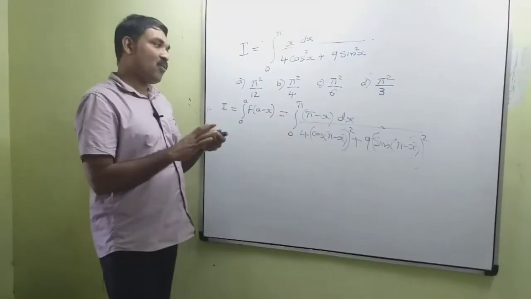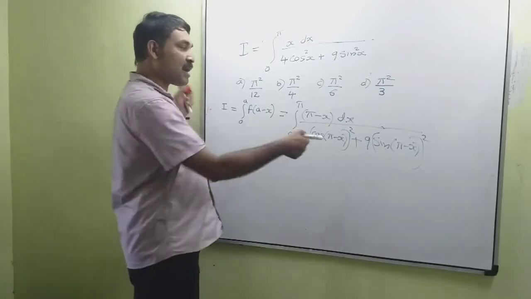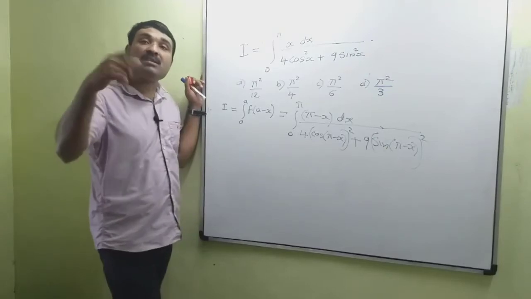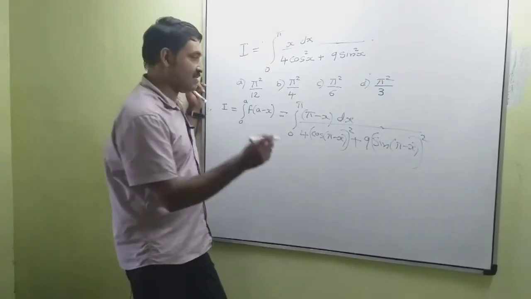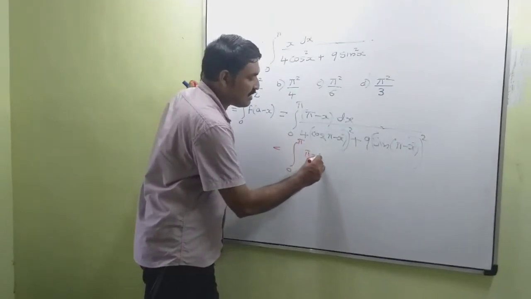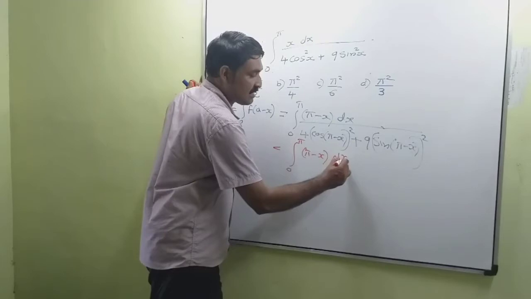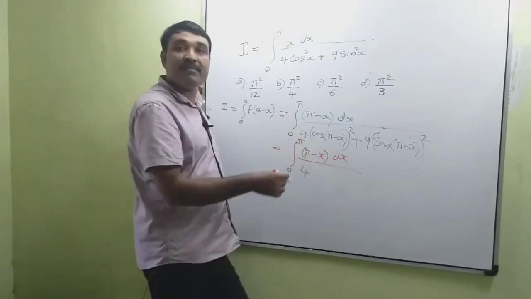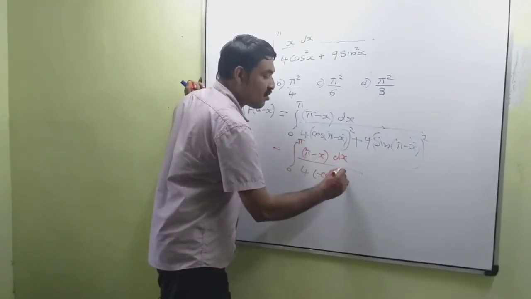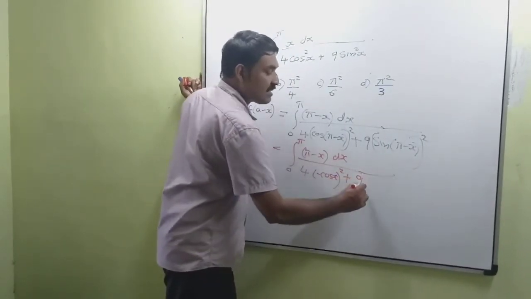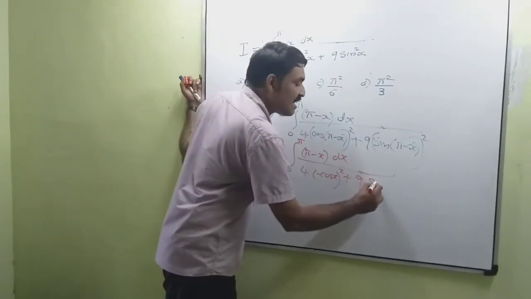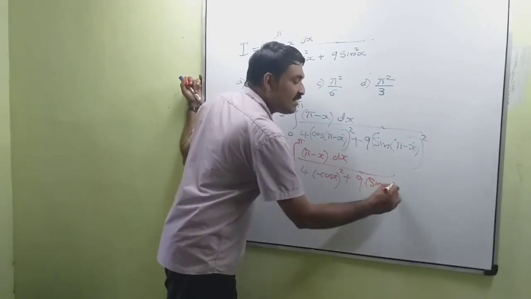Now, what is cos of pi minus x? That is equal to minus cos x, the whole square, that is equal to cos square x. So we can write this as the integral from 0 to pi of pi minus x with respect to x dx divided by 4 times cos of pi minus x, which is minus cos x, that is minus cos x the whole square, plus 9 times sin of pi minus x, which is sin x, that is sin x the whole square.